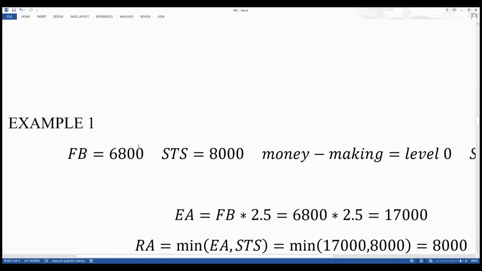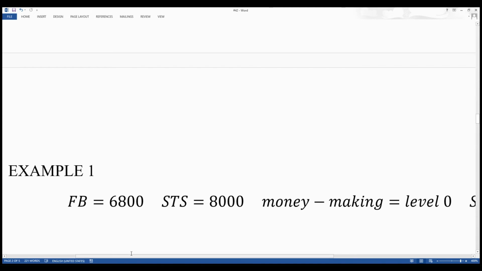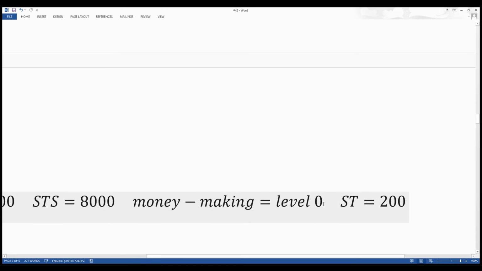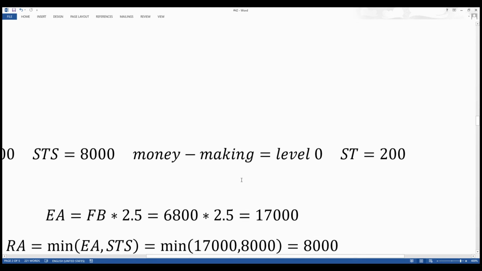In the first example, I will consider a club which has a fan base of 6,800 supporters, a stadium size of 8,000 seats, and the money making facilities at level 0. Okay, this is the ticket price, which is always 200, so I already put it here. Then let's start. First, we calculate the expected attendance for this club.